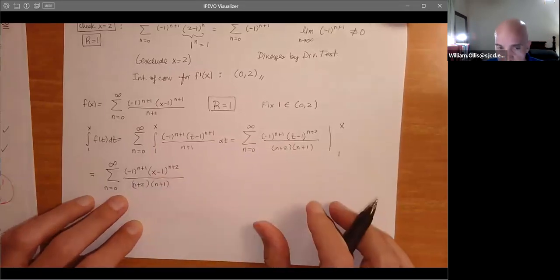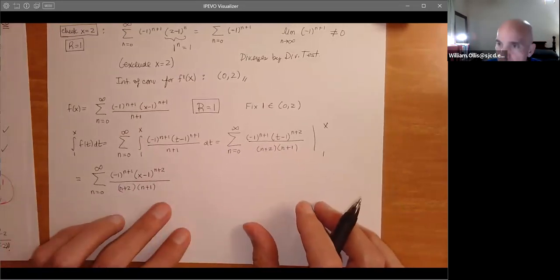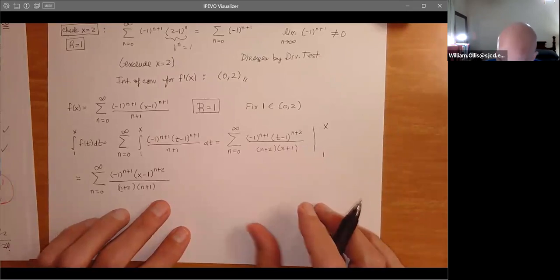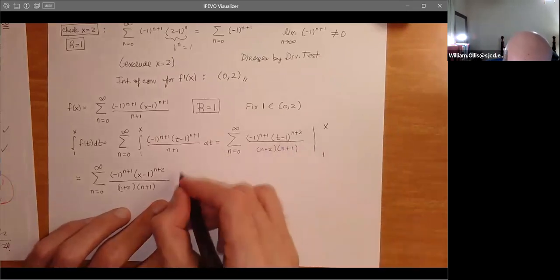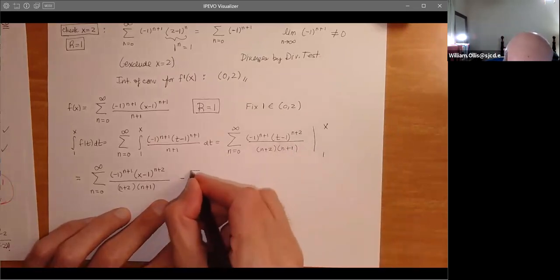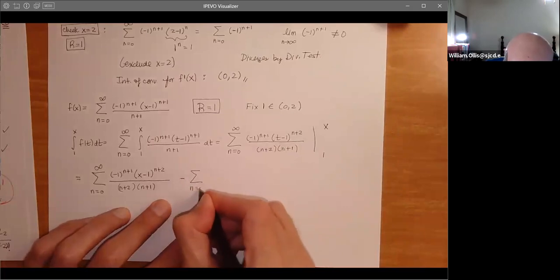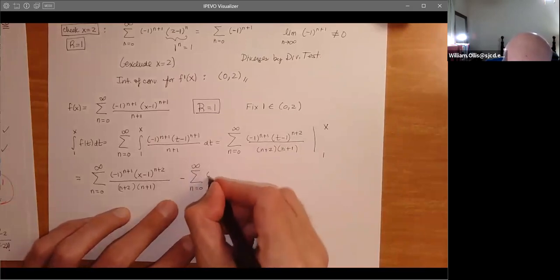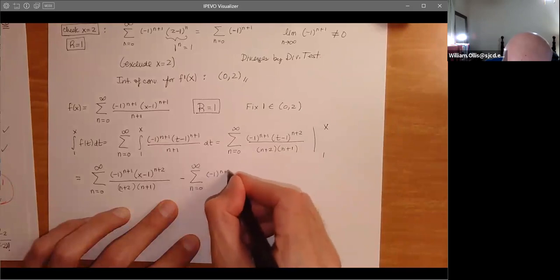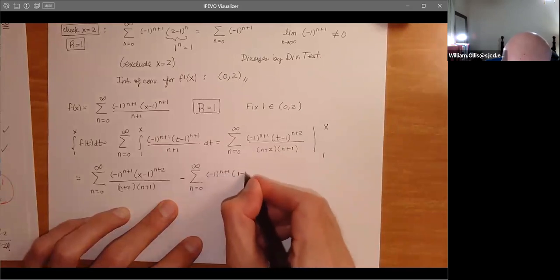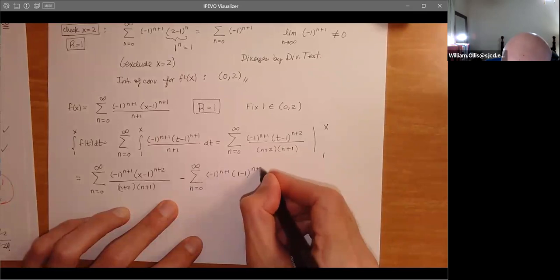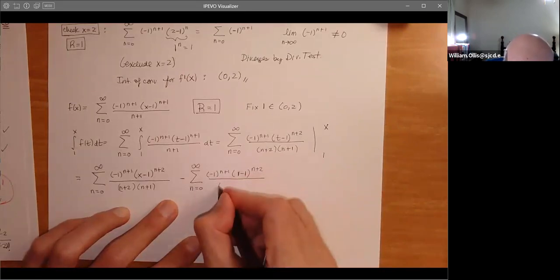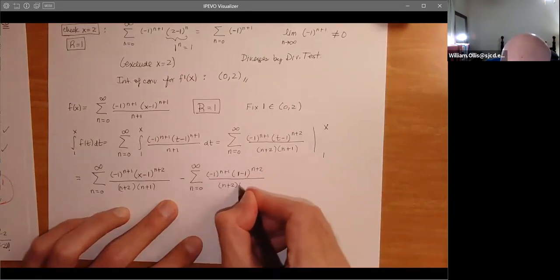This is certainly a lot easier than applying the ratio test. And now if we put in 1, that's going to kill off everything. So minus the sum n equals 0 to infinity, -1 to the n plus 1, 1 minus 1 to the n plus 2, over n plus 2 times n plus 1.